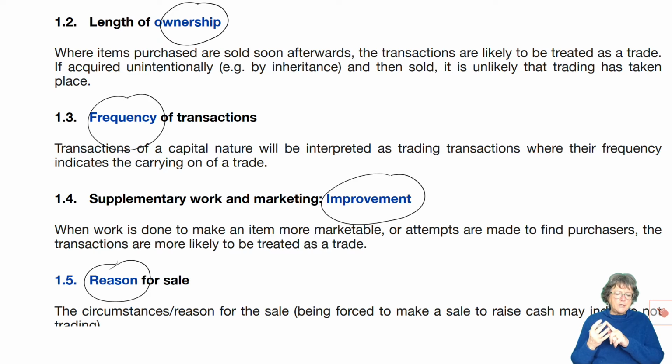The transactions are of a capital nature, okay, will be interpreted as trading transactions where their frequency indicates carrying on a trade. In other words, you're doing it repeatedly. If it's a capital item, like a house or a building, you wouldn't be doing it repeatedly. It'd be a one-off, which means it's more likely to be dealt with as capital. If you're doing it regularly, it's more likely to be trading.